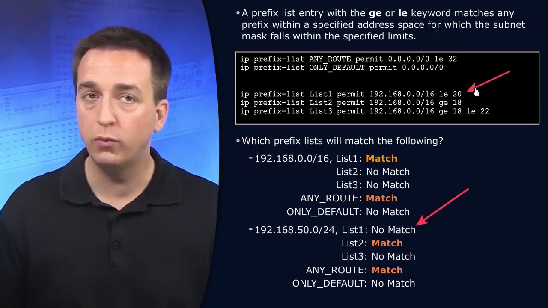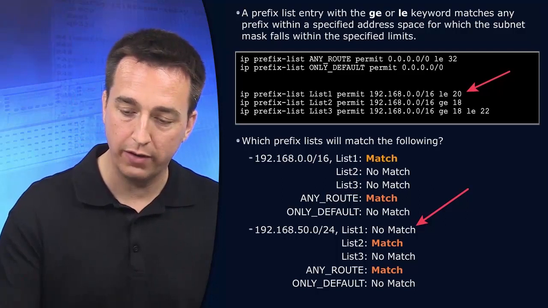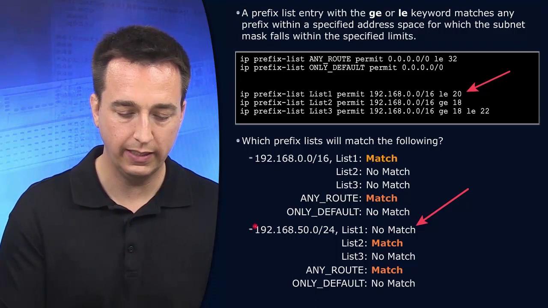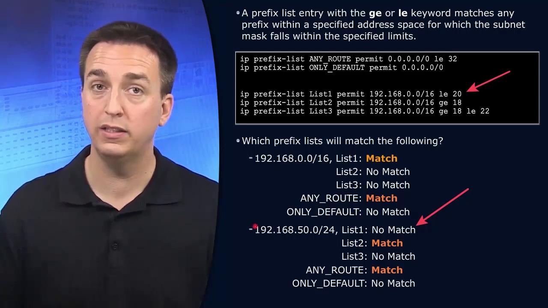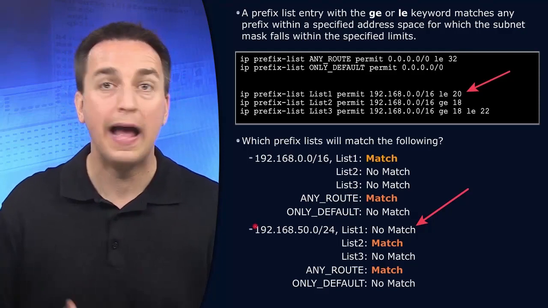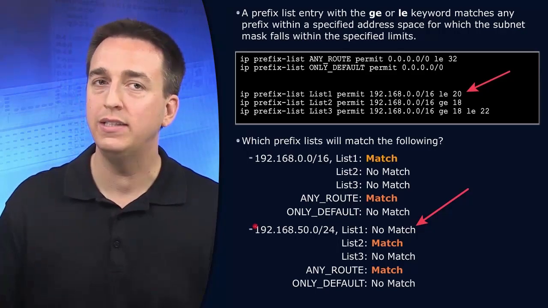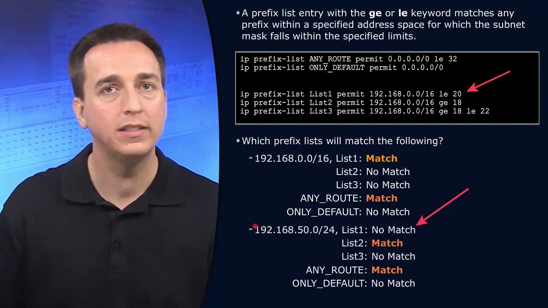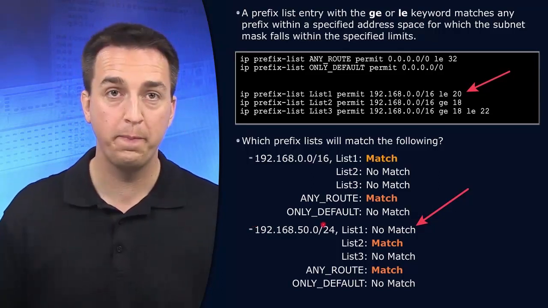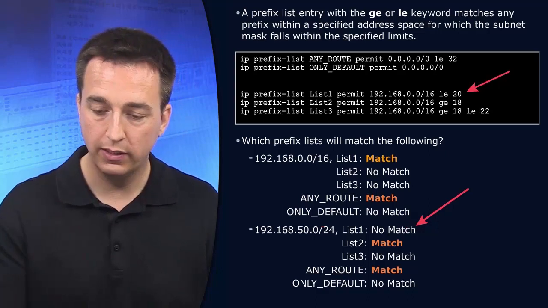Well, does 192.168.50.0 fall within the range? Yes, it does. 192.168.50.0 falls within the range of addresses. So that is correct. However, the subnet mask does not match. It says less than or equal to 20. The subnet mask in this case is 24.